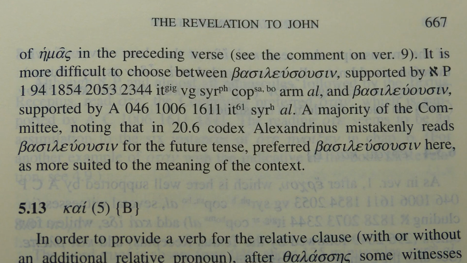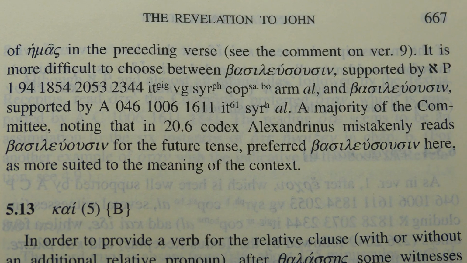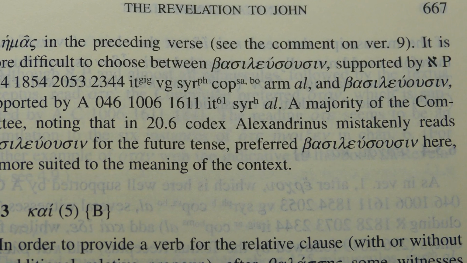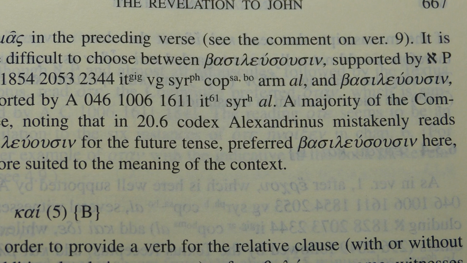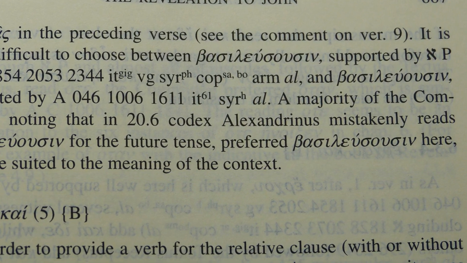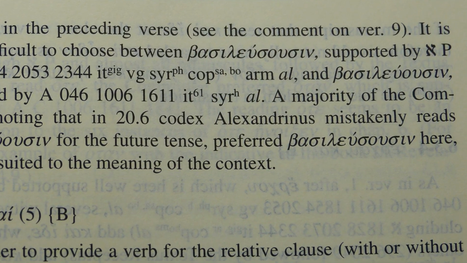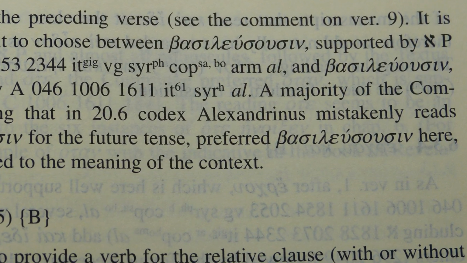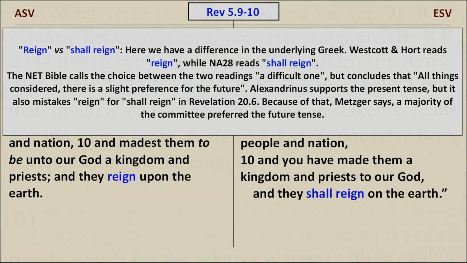Alexandrinus supports the present tense, reign, but it also mistakes reign for shall reign in Revelation 20, verse 6. Because of that, says Metzger in his textual commentary on the Greek New Testament, a majority of the Nestle-Aland Committee preferred the future tense.